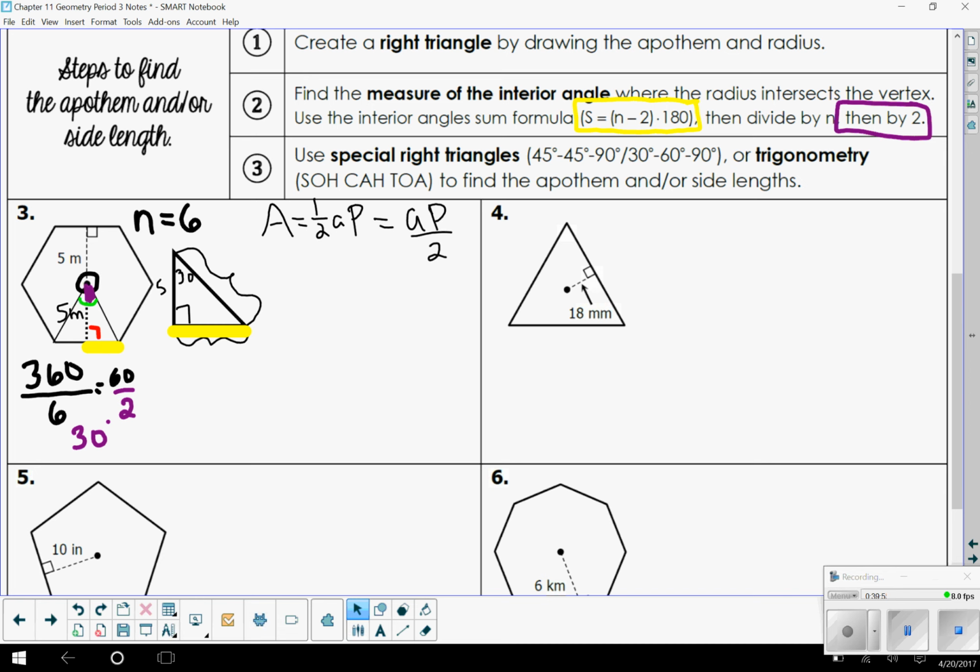If I find that, I find the perimeter, so I have to double it. Okay, we need to use our formulas. So across from the 30 is what? X. Okay.